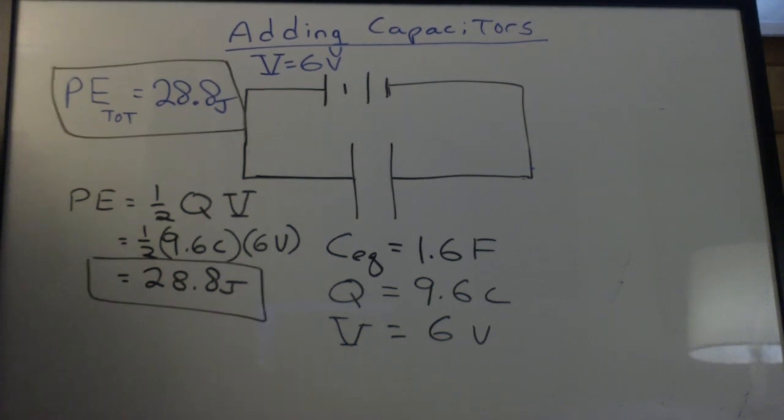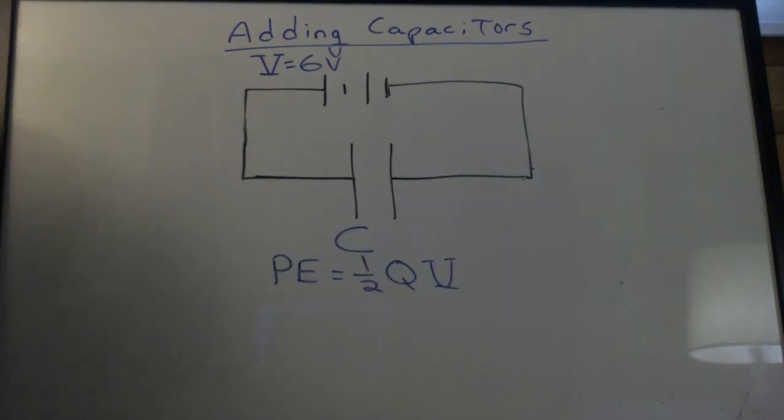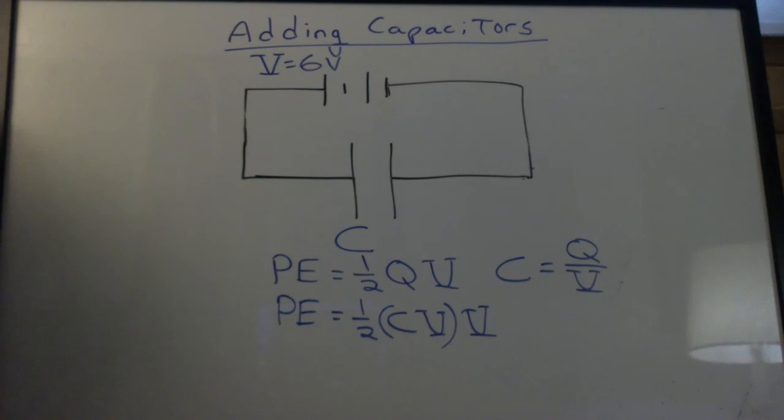It's the same potential energy either way you look at it. Let's try another way of looking at the potential energy formula. If capacitance is Q over V, we could eliminate the Q with C times V and end up with 1/2 CV squared. They're the same thing.